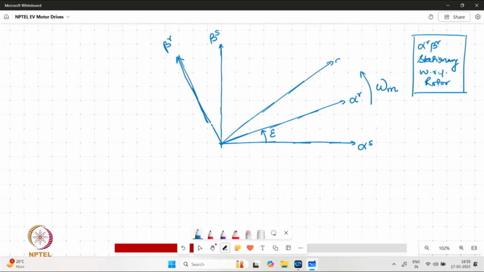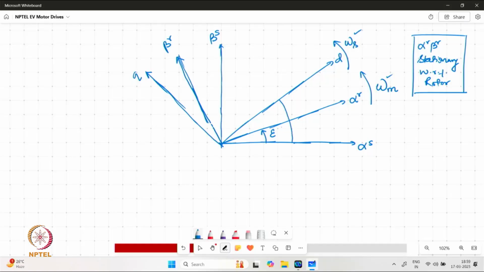Now here, if I draw a synchronously revolving frame of reference, this is actually moving with the speed omega s with respect to stator. The speeds omega s, omega m are basically the speeds with respect to alpha s, beta s. And the angle formed by this frame of reference is rho.